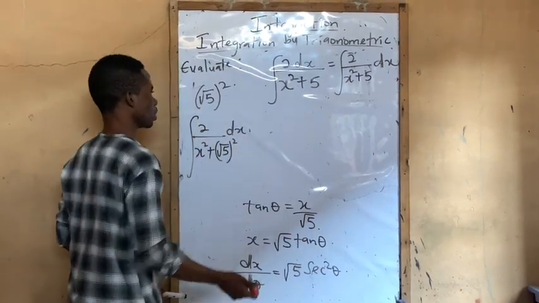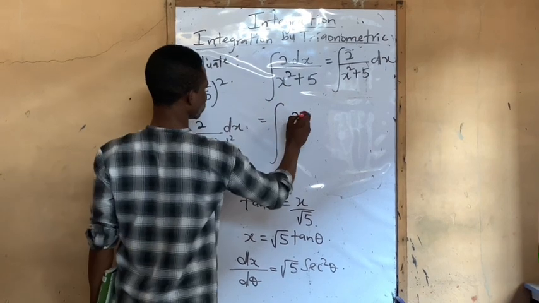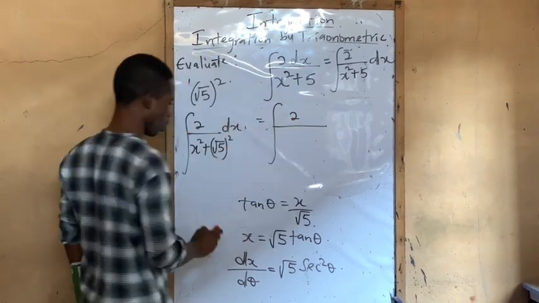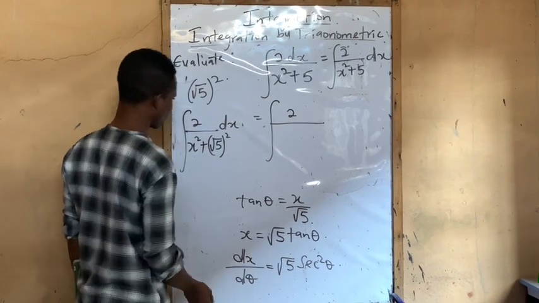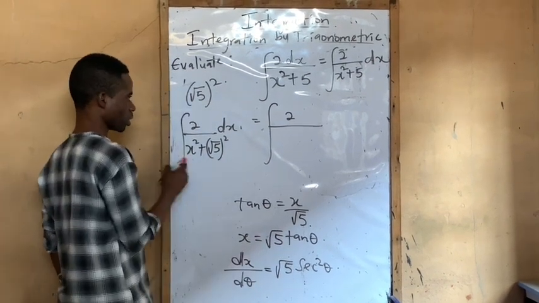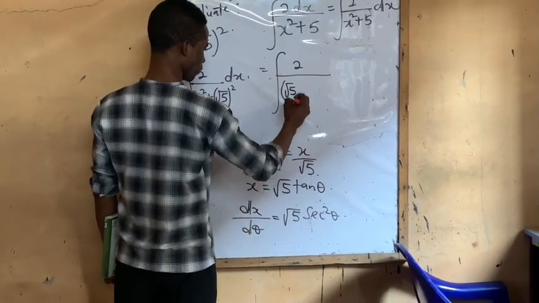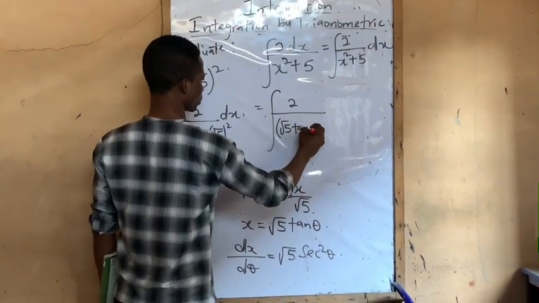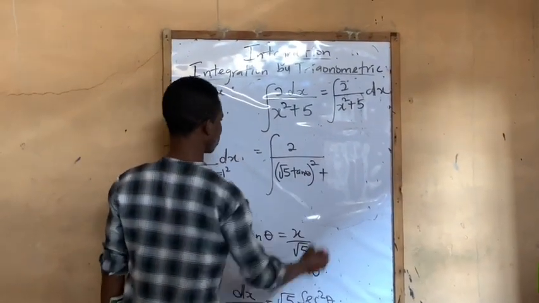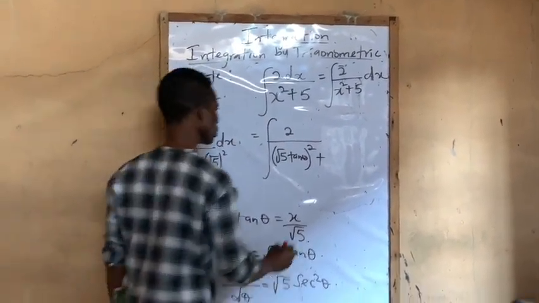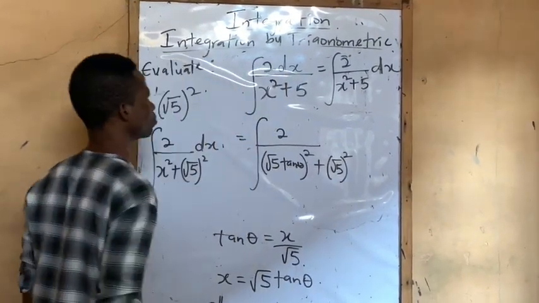So I substitute the integration of 2 all over, what is my x? My x is root 5 tan theta. I'll substitute it here: open bracket, root 5 tan theta all squared, plus root 5 all squared.